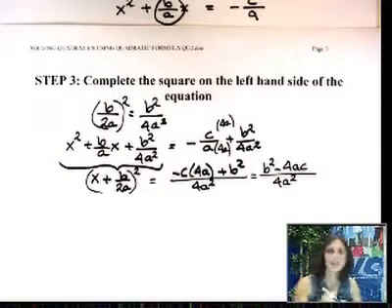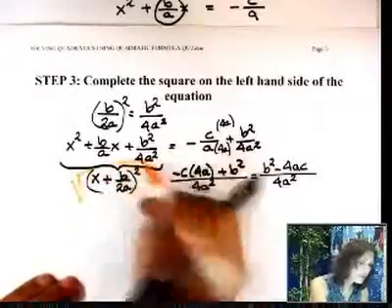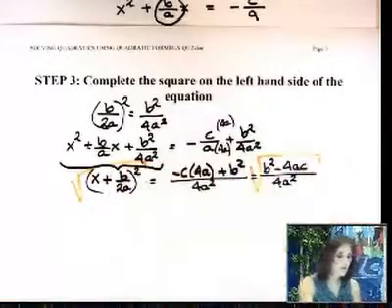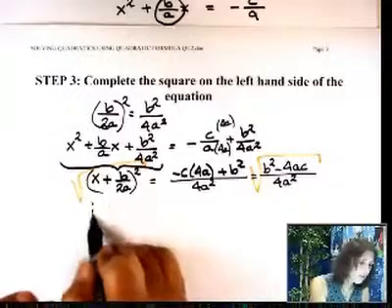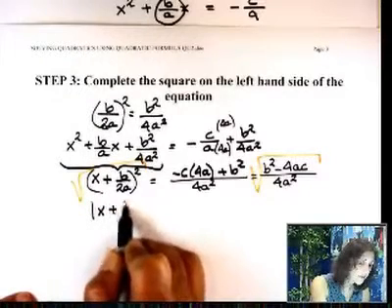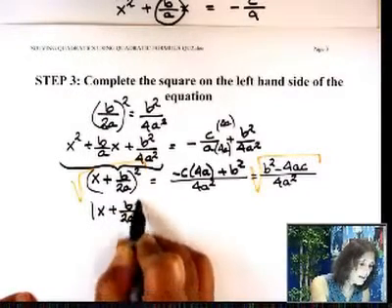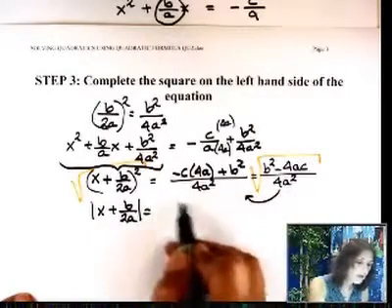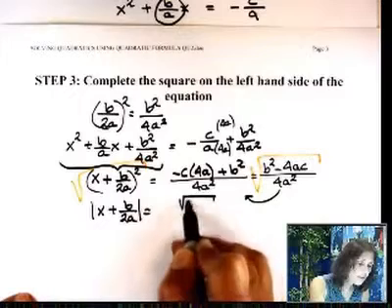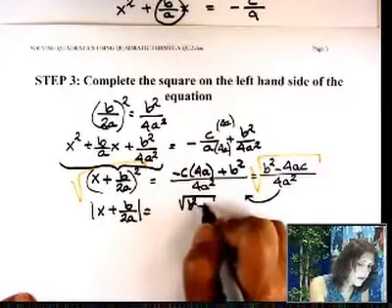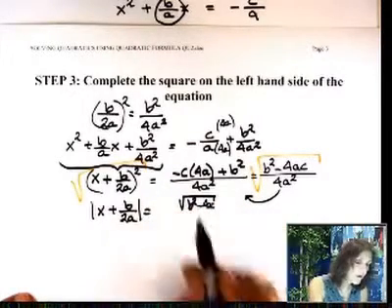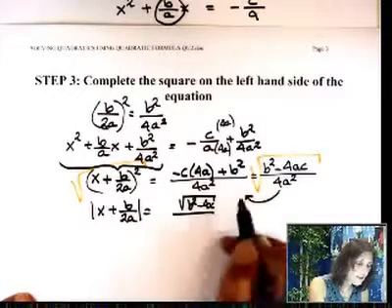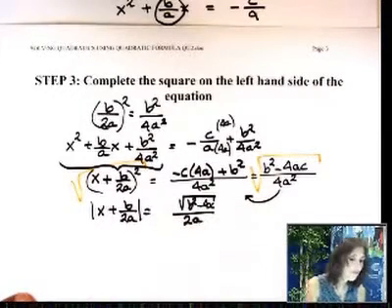What do I do next? You take the square root of both sides. What do you end up with? The absolute value of x plus b over 2a. On the other side, take this out. You're going to have the square root of b squared minus 4ac over, this comes out as 2a.